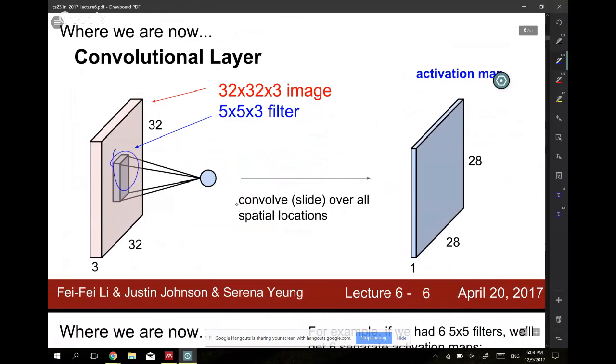For example, this is the filter you want to slide across the input image. Let's say the filter is currently here. We take a dot product between the filter and the input at this location to produce an element here. This element is just one number in the activation map. After we slide the filter across the whole image, we get this 28 by 28 by 1 output.